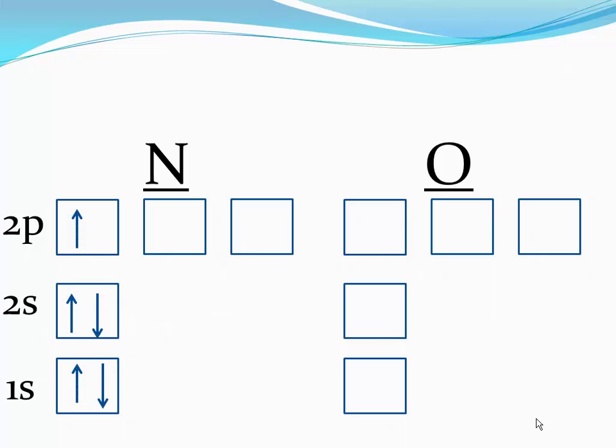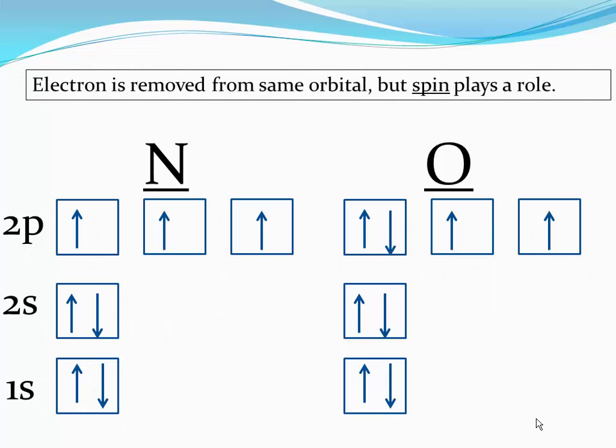You look at nitrogen, we talked about this. It has a positive spin all the way across. Oxygen has the same as nitrogen, but you have that negative spin down. So the electron is removed from the same orbital, but the spin plays a role because of the pair in the 2p x, y, or z orbital in oxygen.